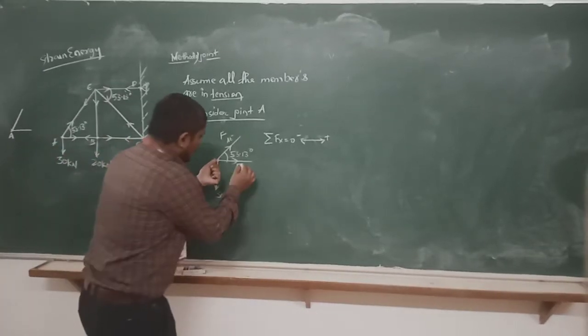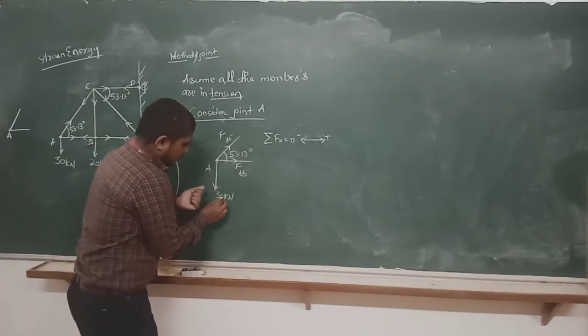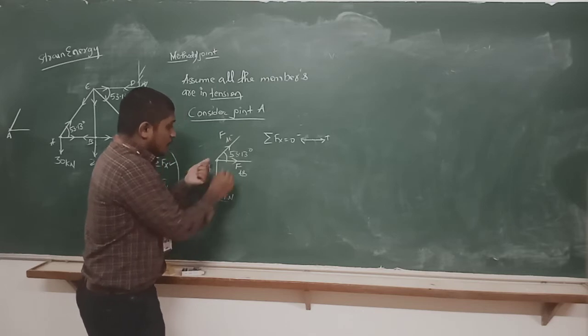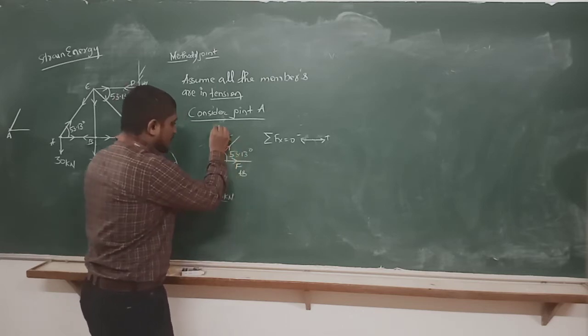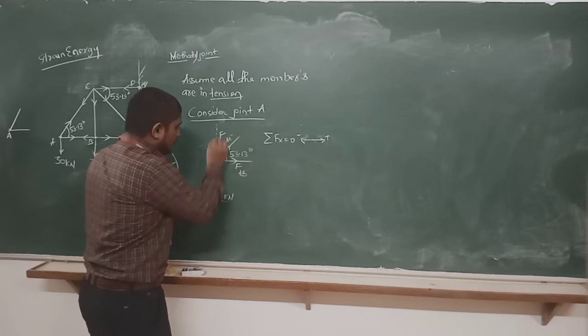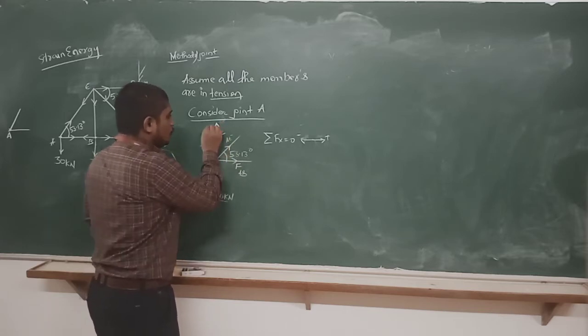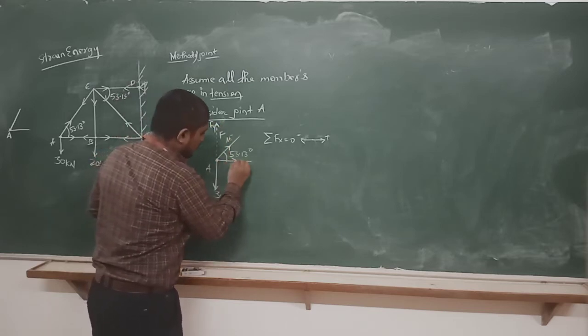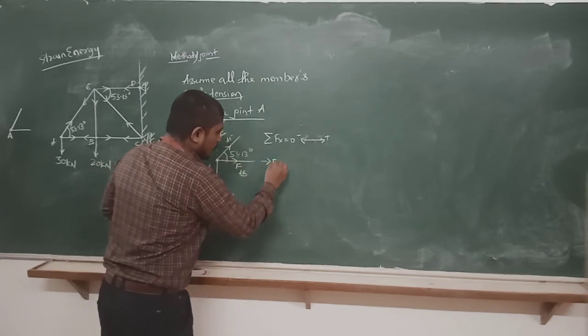Now see, which horizontal forces are there? This one we have to neglect because it is purely vertical. One inclined force is there, which can be converted into a vertical force, and also into a horizontal force.